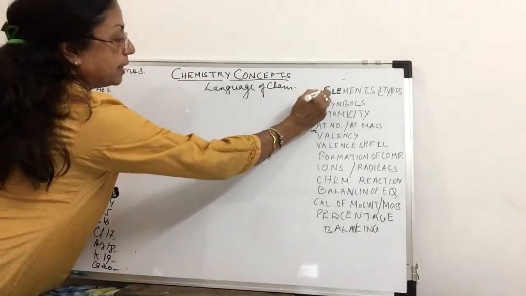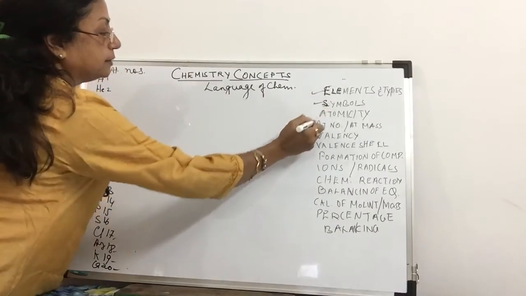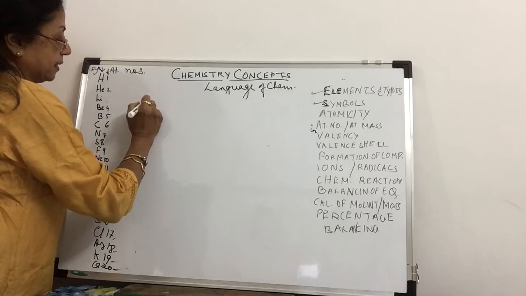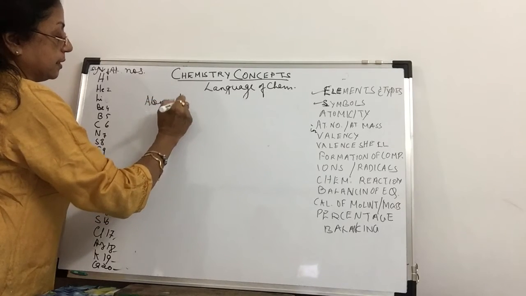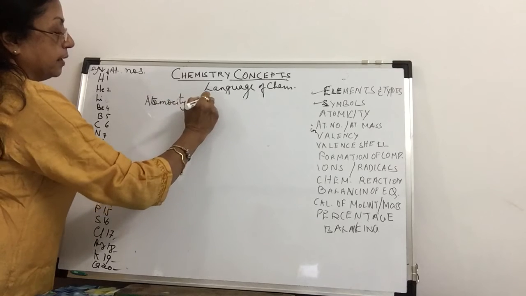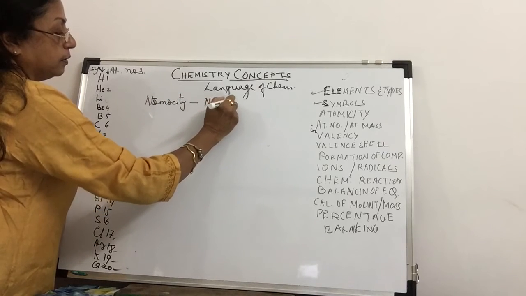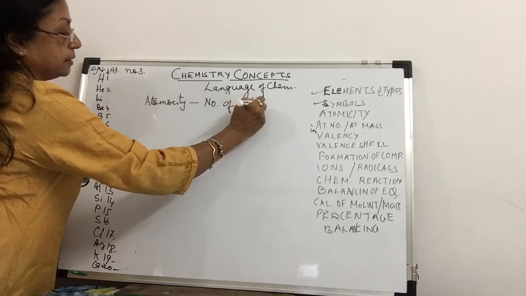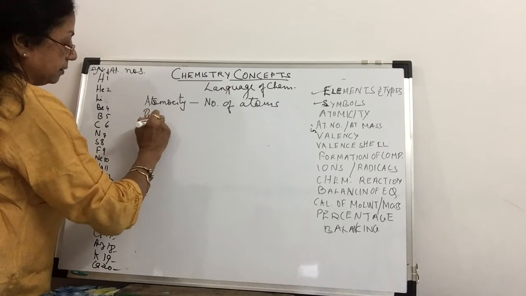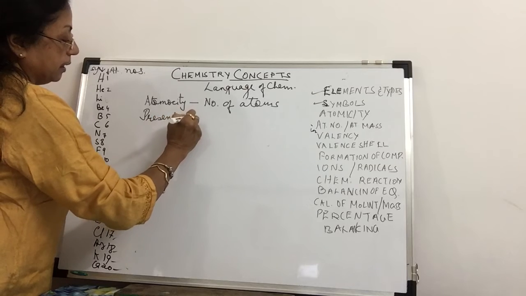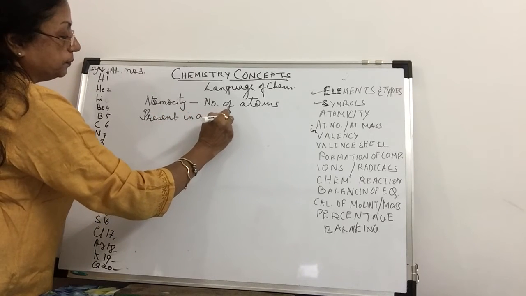We have done with elements and symbols. Now atomicity: atomicity is the number of atoms present in a molecule.